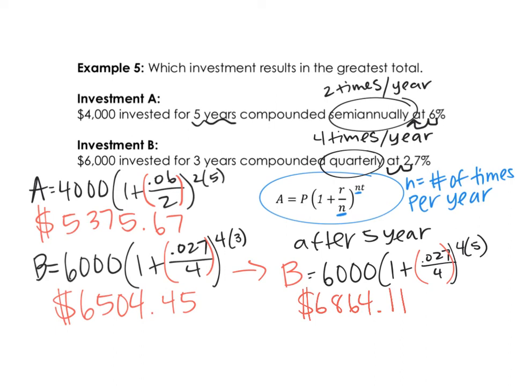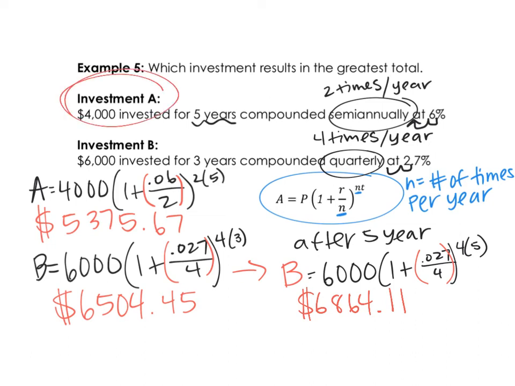Investment B after 5 years went from $6,000 to $6,864. So after 5 years, even though investment B technically has the higher number, investment A started smaller and made a much bigger amount over that 5 years.